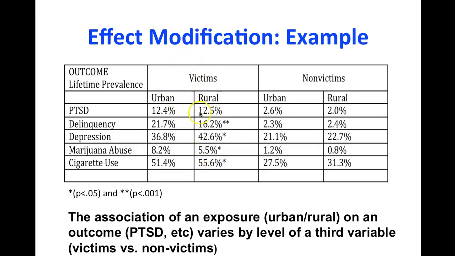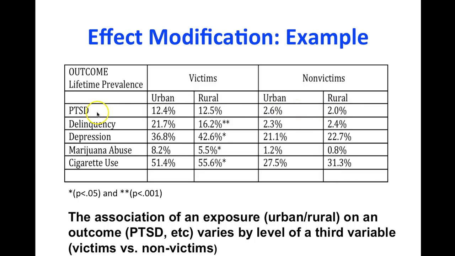The difference is if you compare victims and non-victims, within rural and urban. So the living location is the exposure, and the outcome, say we're just choosing one outcome, is PTSD. Here's the difference: 12-ish percent prevalence of PTSD if you're a victim, versus only 2% if you're a non-victim.